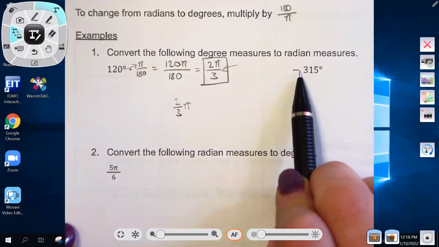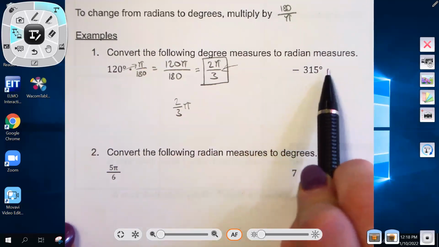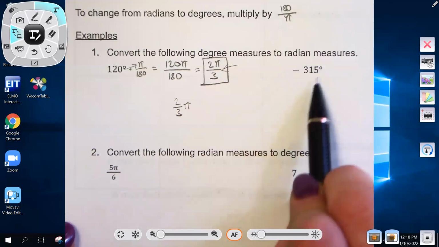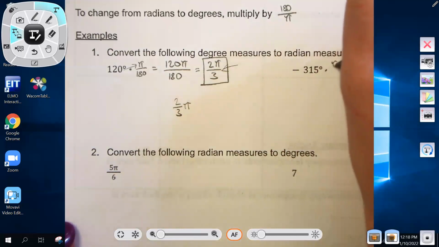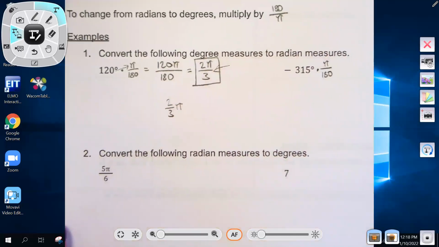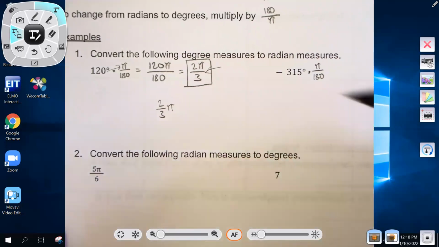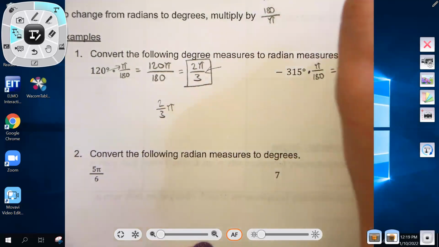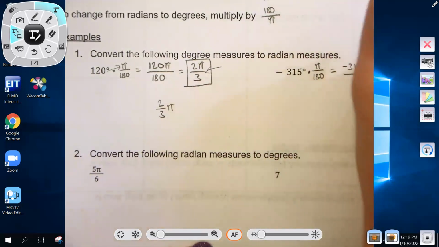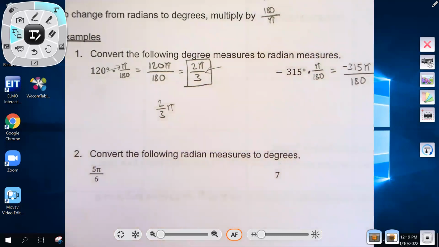So if we want to change negative 315 degrees to radians, what do we do? Multiply by pi over 180. So this would be negative 315 pi over 180.